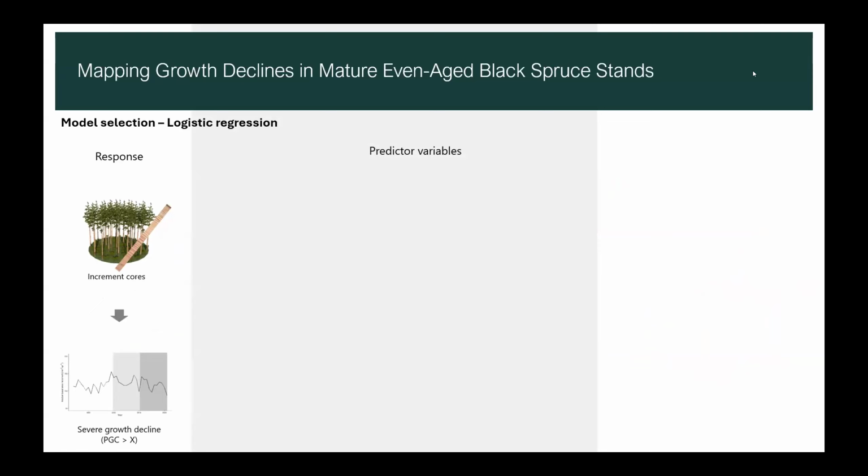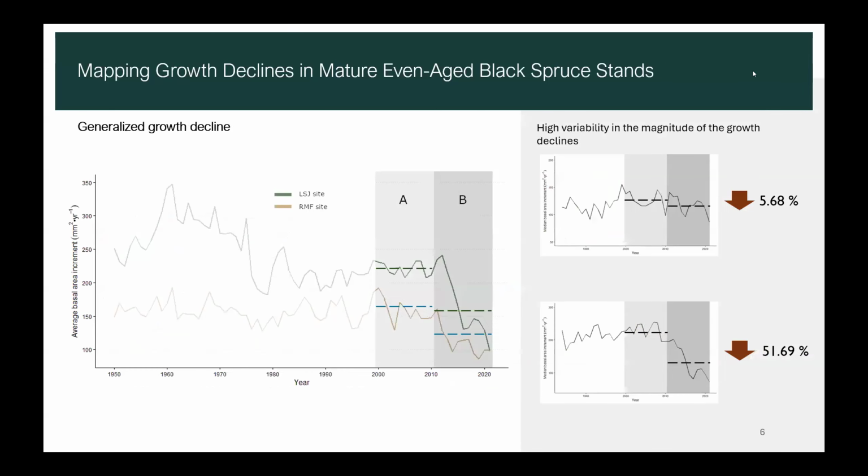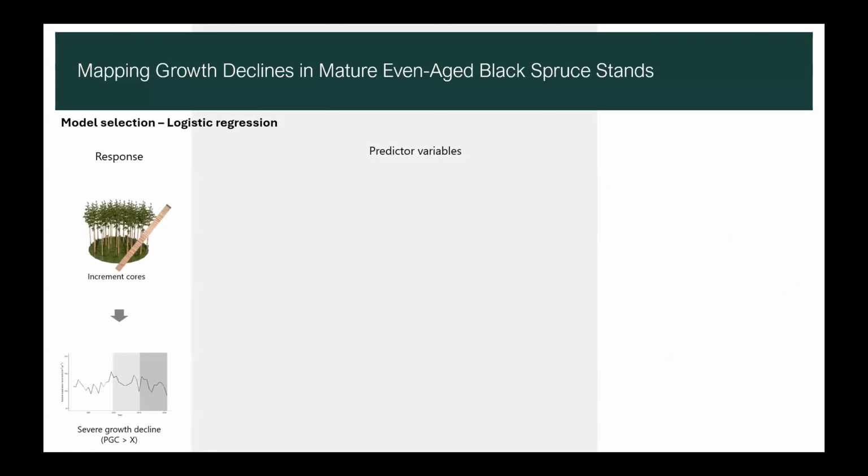So over a certain percent in growth change between our reference period, here period A and period B, we flagged these plots as having sustained a severe growth decline. And we used logistic regression to try to predict if a site has sustained a severe growth decline or not.